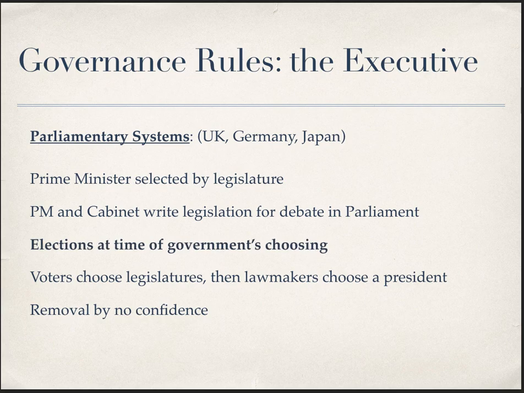A very important one here, elections happen at a time of the government's choosing. And this has to do with the removal by no confidence. Actually, let's just cover both of those at the same time. So instead of an impeachment proceeding, which we know is sort of a very violent and rare process in presidential politics. It's rare for a president to be removed by impeachment because it requires a legislative supermajority.